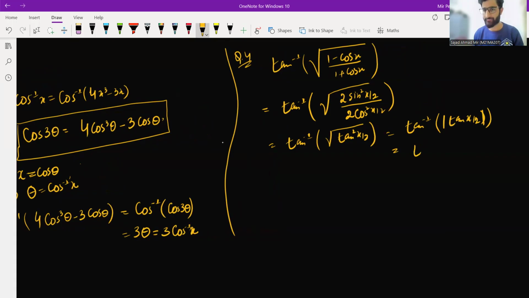So if we look at the range of tan of x by 2, we are considering the positive part of this. So this will be tan of x by 2, which is equal to x by 2. The final answer will be x by 2.